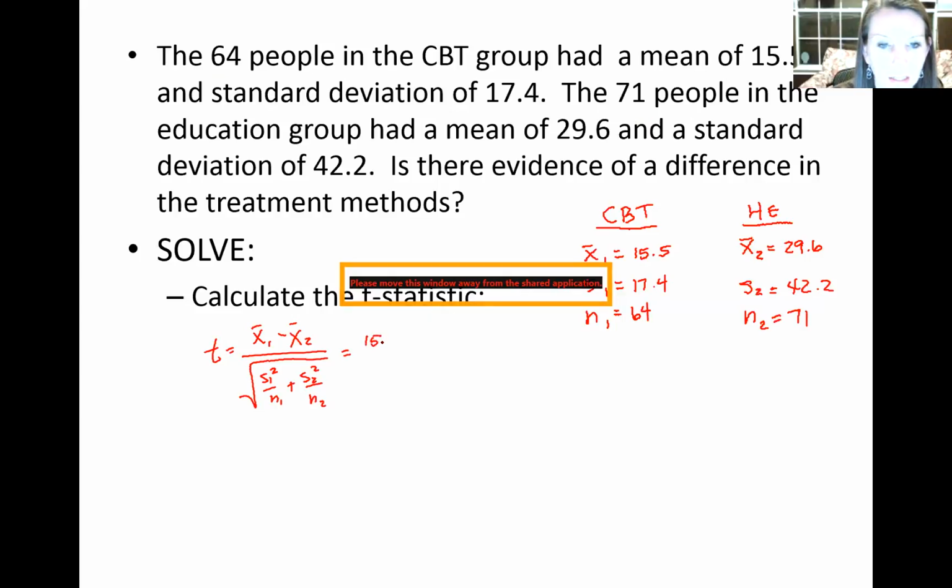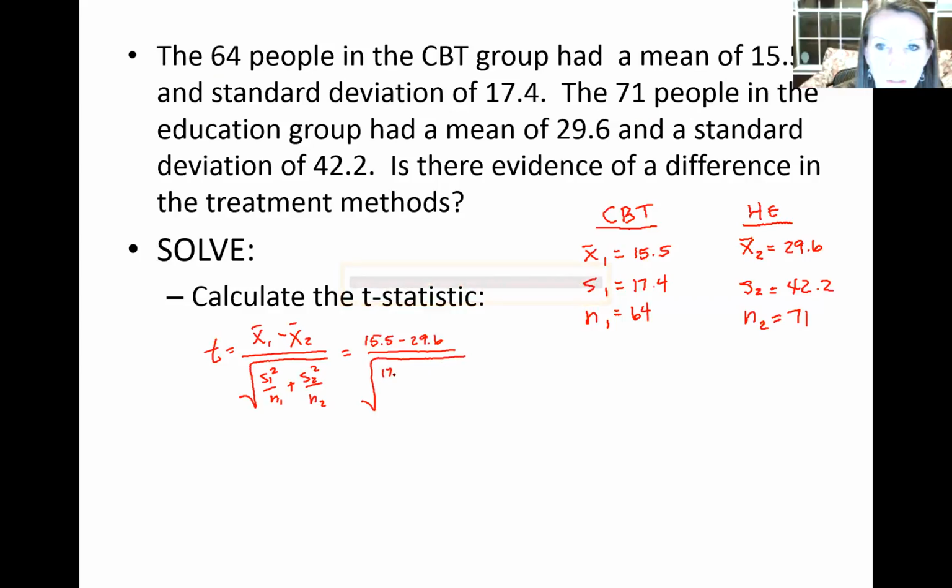I have 15.5 minus 29.6 divided by the square root of 17.4 squared over 64 plus 42.2 squared over 71.